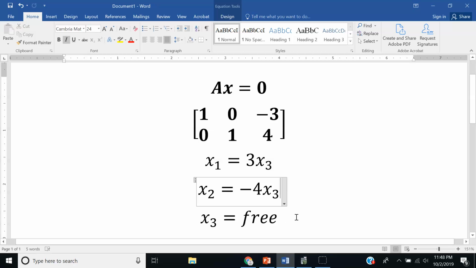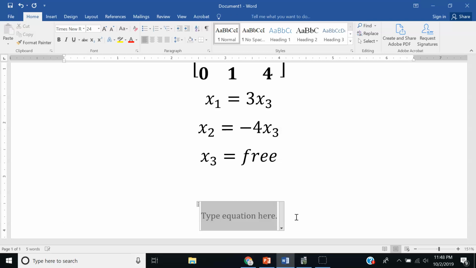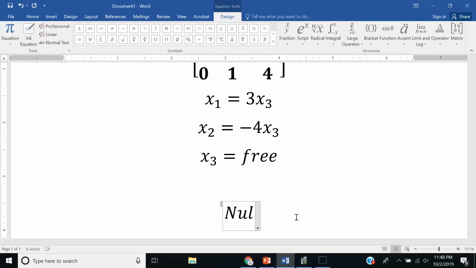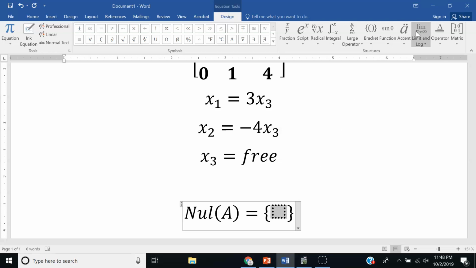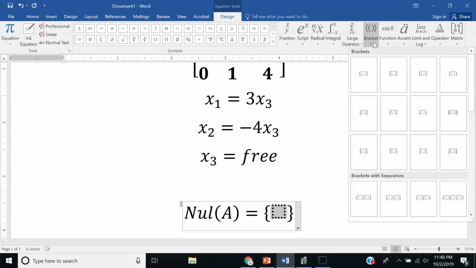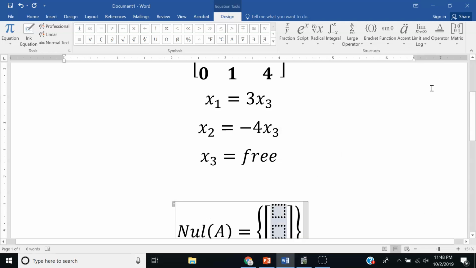So the null space of our matrix A is going to be the set which includes all vectors that, first off, we know we have to have 3 entries.